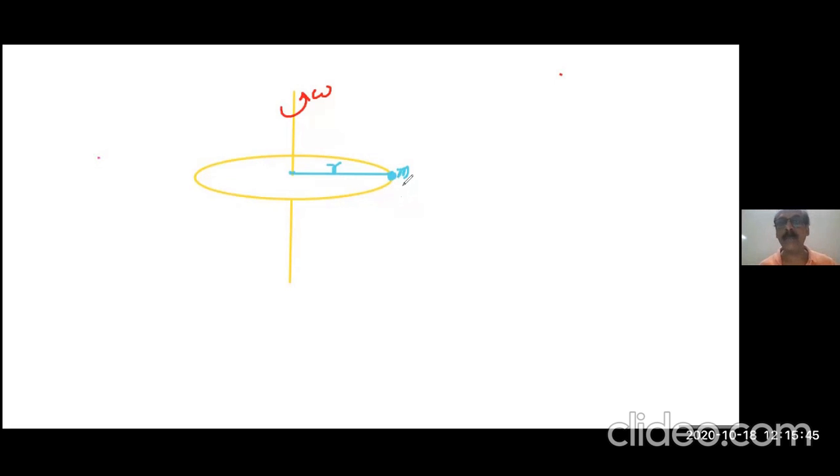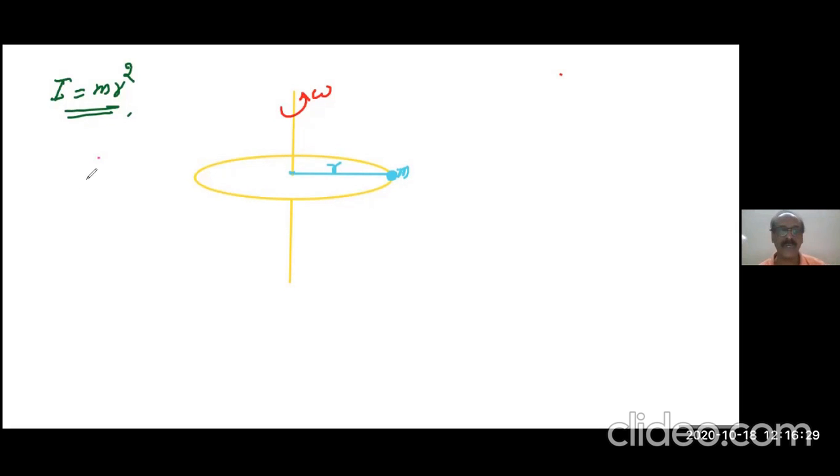Let m be the mass of the particle. R is the distance from the axis of rotation to the particle.